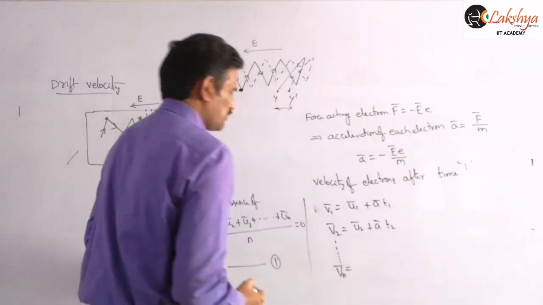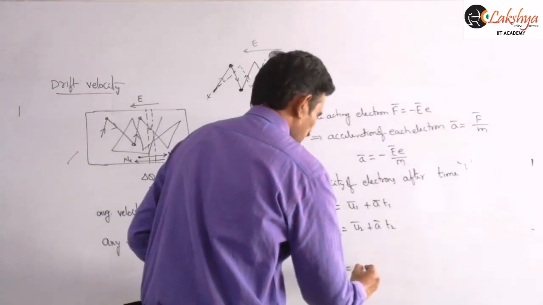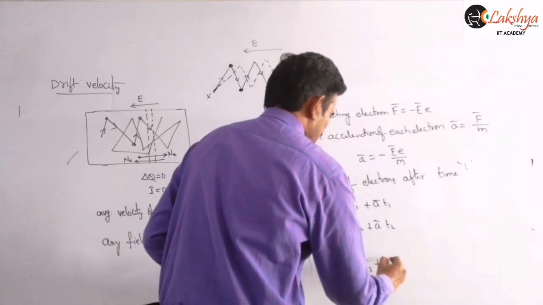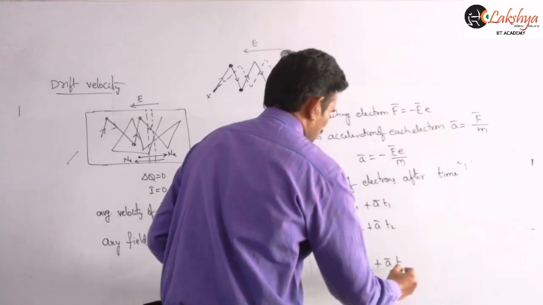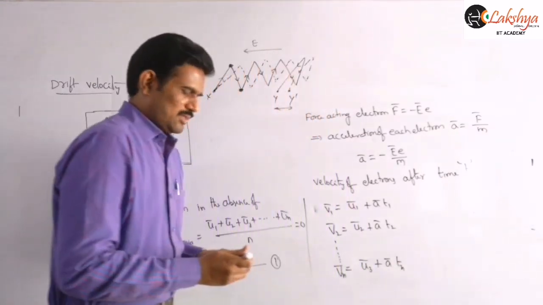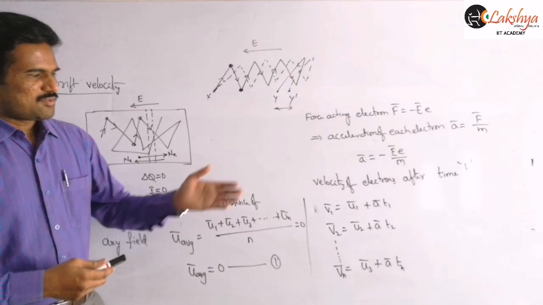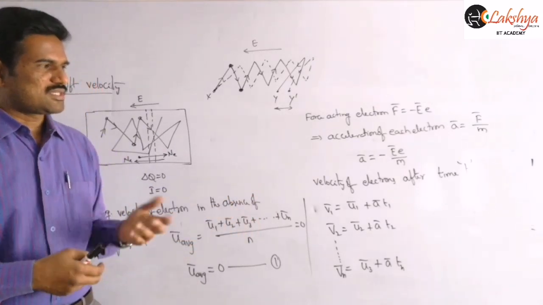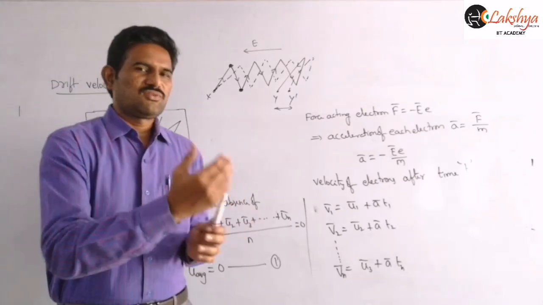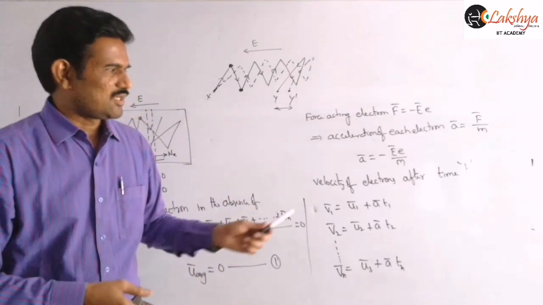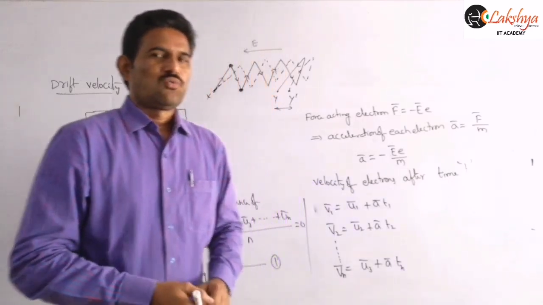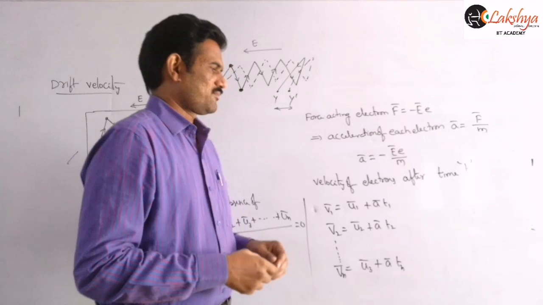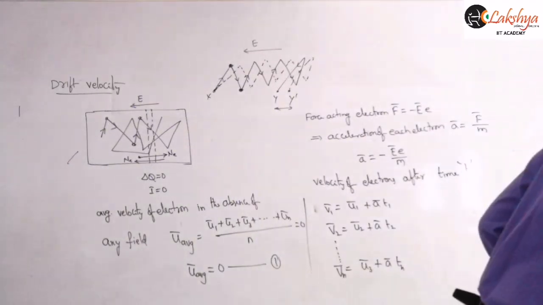So finally Vn bar is equal to Un bar plus A bar into Tn, right? That gives the velocities of the electrons after time t, where t is between two successive collisions.